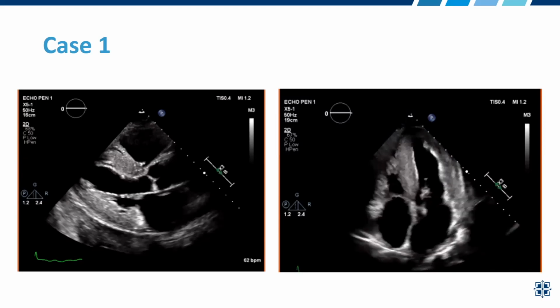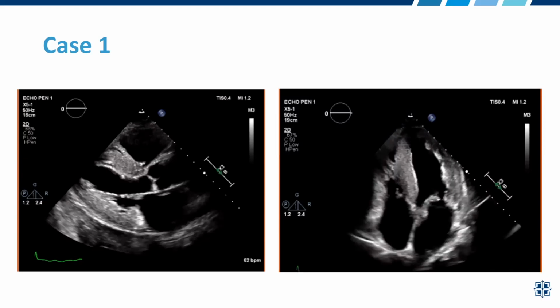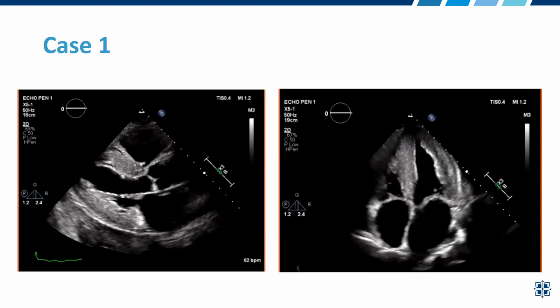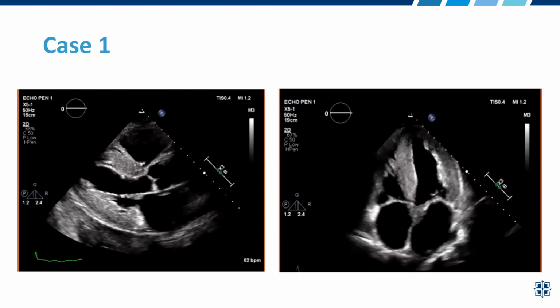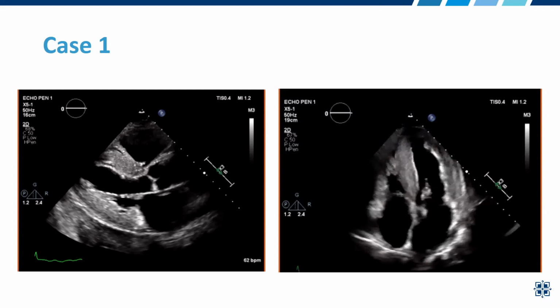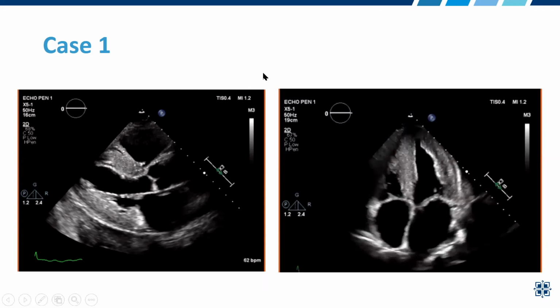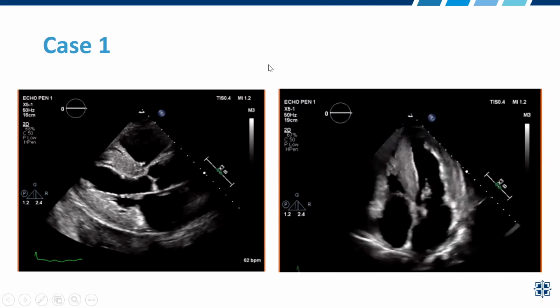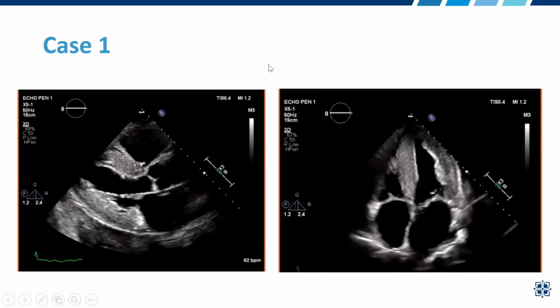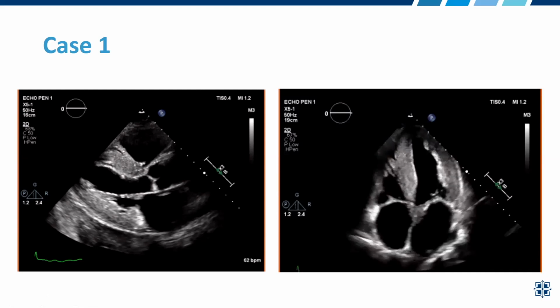If you look on the right image, you could see it looks like the apex of the heart is moving more like this. It's kind of tipping. These are signs that may increase your likelihood of amyloidosis, but you could certainly also see this in hypertensive heart disease and in renal failure, which this patient had.